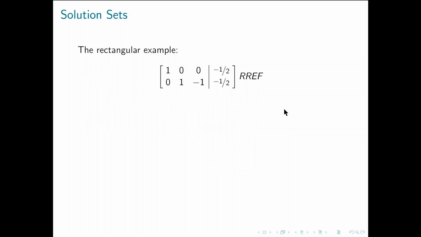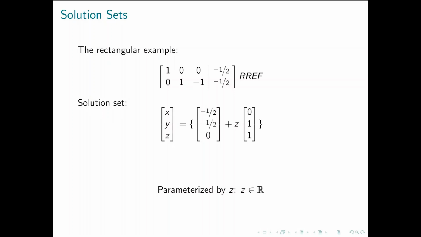Here's the rectangular example. Again, this was the reduced row echelon form. And the solution set is a bit more complicated. Why don't I explain? So I have two vectors here. I have a constant vector, and then I have a vector multiplied by z. And you'll recall that z was the free variable, right?